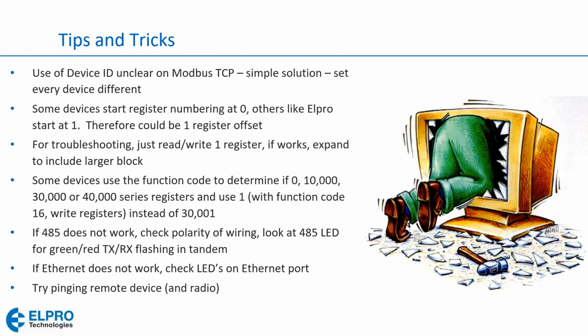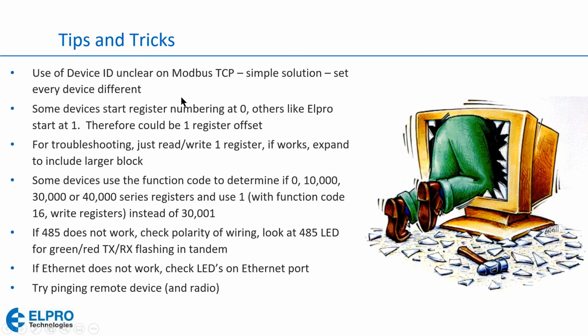Okay, once we have gone ahead and set up the device, because we are integrating two pieces of equipment together, often there can be some subtle differences between manufacturers as to how they've designed their products. So again, the device ID, simple solution, just set everything to a different device ID.